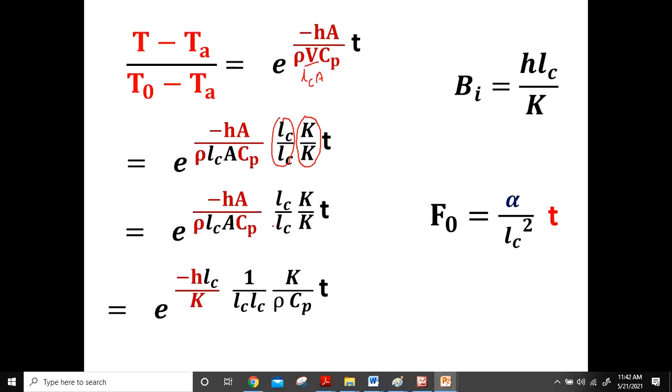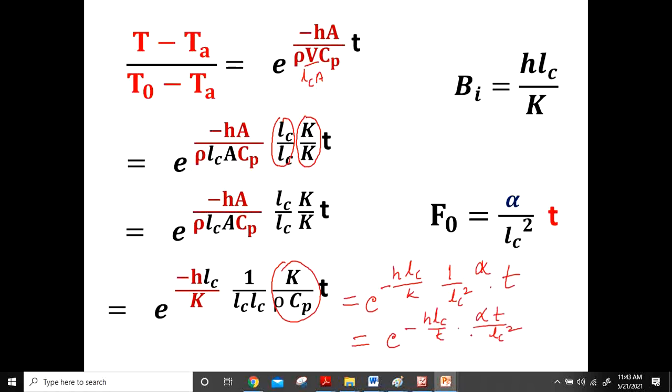I will rearrange this to be like this. Therefore, this will be minus h Lc by k times 1 by Lc squared. k by rho Cp is nothing but alpha into t. Therefore, this equation will be h Lc by k times alpha t divided by Lc squared.